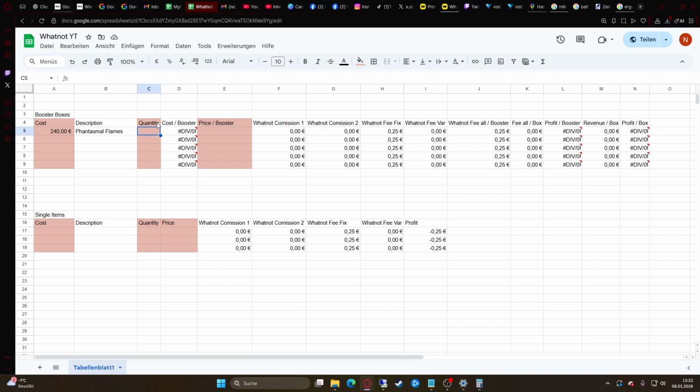So in the box you have 36 boosters. The red things are the ones you have to put something in to get to your profit, just to clarify. So this right off the bat tells me how much I had to pay per booster.